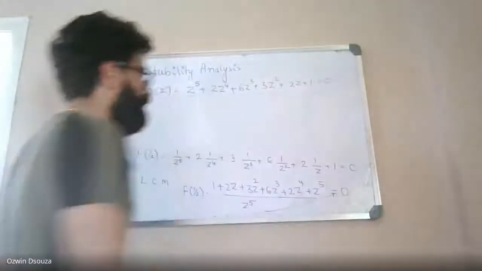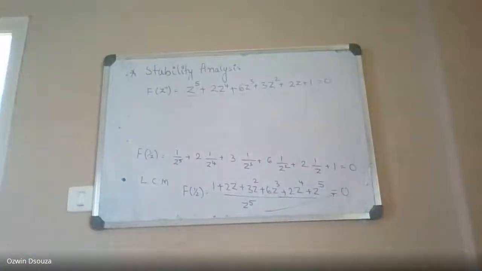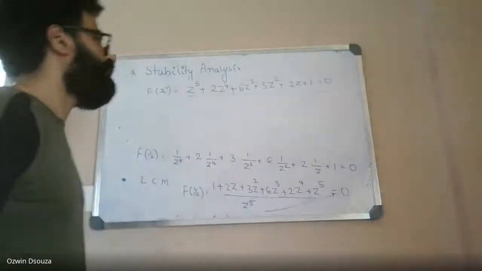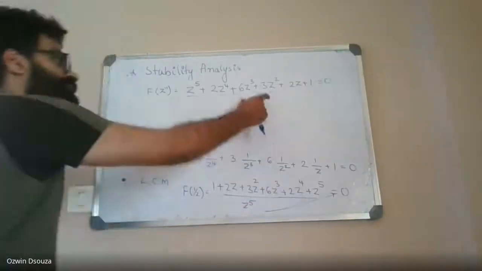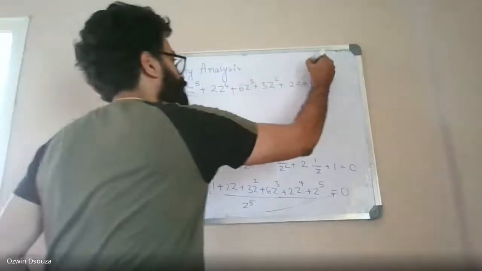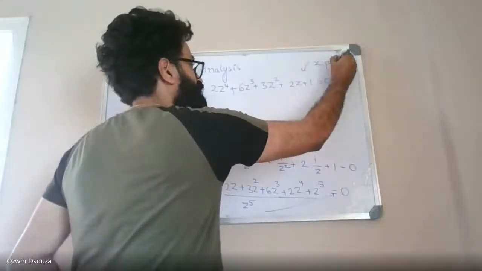So this is our new equation, which is expressed in powers of Z. I would say this is the Z polynomial.